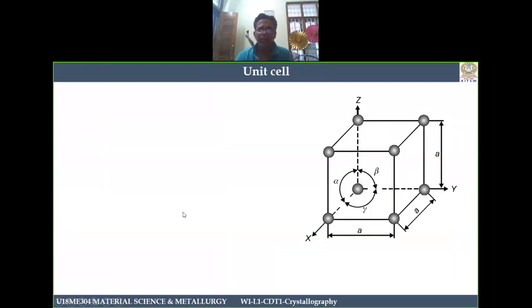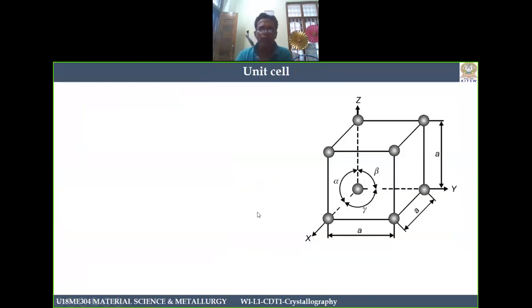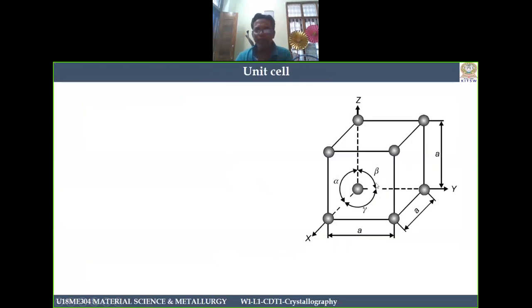Now, what is a unit cell? We talked about this unit cell. What exactly is the unit cell? Here one cube is taken from the space lattice, and we indicated it in this slide.